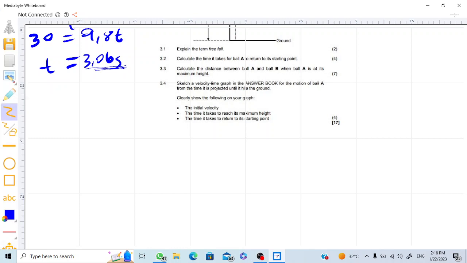Okay, now we are going to use the formula of delta y, which is equals to v initial delta t plus 1 over 2 at squared. Okay, now do we know the height? That's what we're looking for. Okay, do we know the time? Yes. Initial velocity? Yes. Everything else we know it.